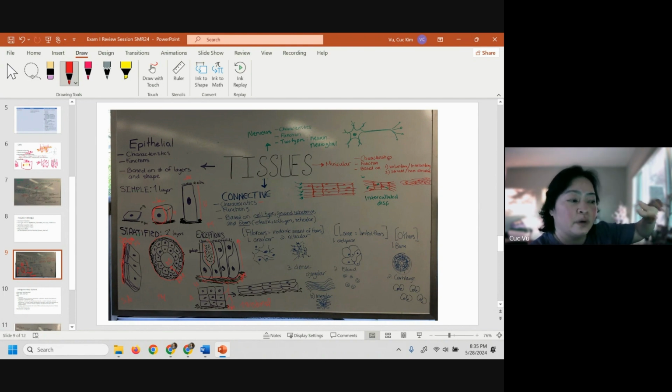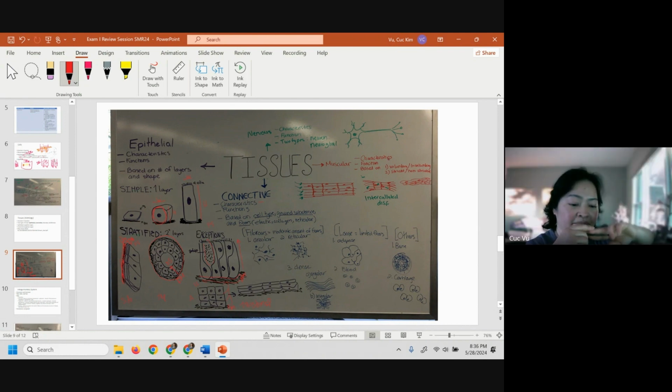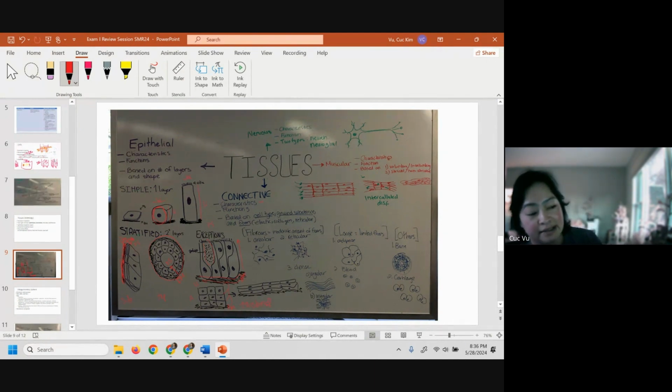So skin includes both the epidermis and the dermis, and the basement membrane in between. The epidermis is epithelium, then you have the basement membrane, and then you have the dermis, and the dermis is mostly areolar. There are other connective tissues in there, but it's mostly areolar. So areolar supports below the epidermis, and thus it becomes the dermis if you're looking at skin.